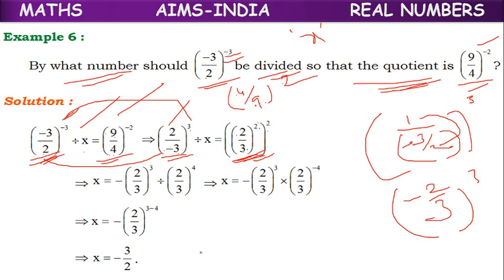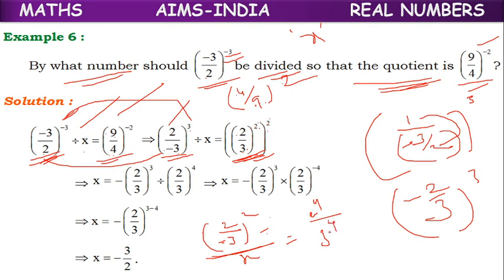Next. So here (2 by minus 3) whole cube divided by x equals, here 2 square means 2 times 4, so 2 power 4 we can write. 3 square means 3 power 4 we can write.